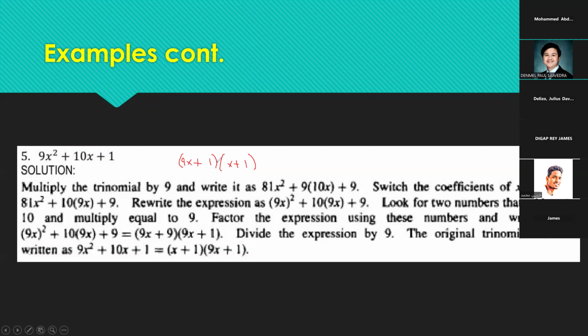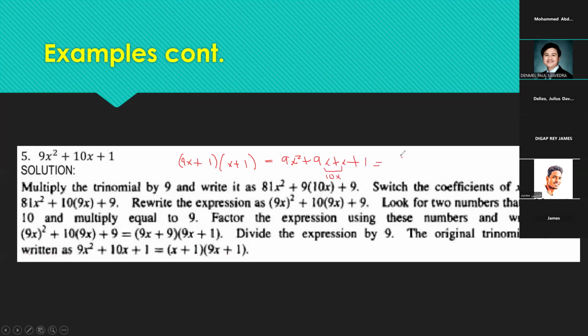Now, to verify this one, it's just a matter of multiplying this expression to the other expression. So 9x times x is 9x squared. 9x times 1 is plus 9x. 1 times x is plus x. And then 1 times 1 is 1. Adding these two will give us 10x.